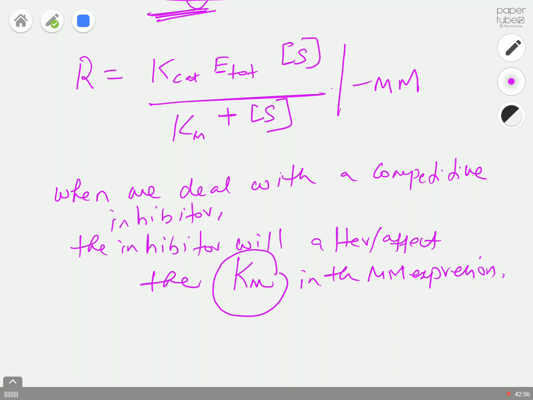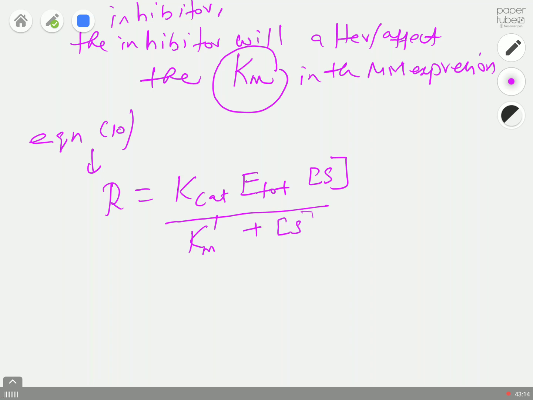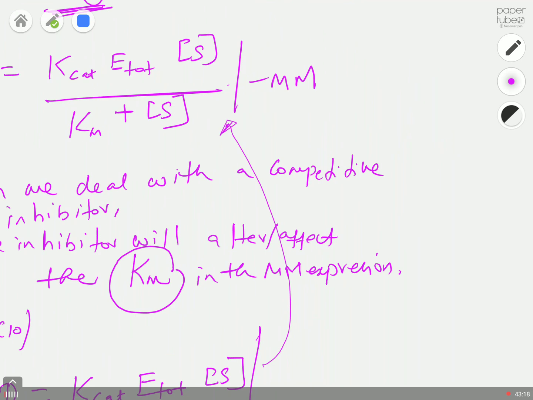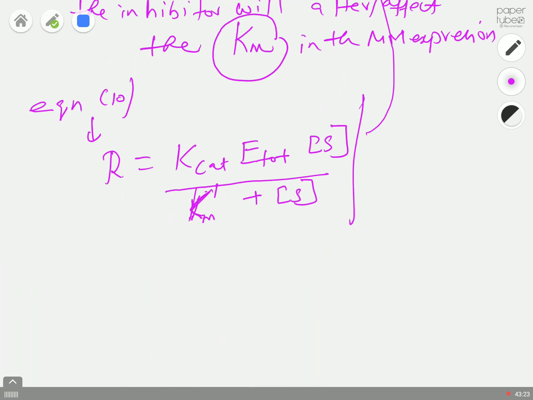So if you want, we can rewrite equation 10 something like below. R is equal to K catalyst multiplied by total concentration of enzyme multiplied by your substrate concentration divided by Km dash plus your substrate concentration. So this almost looks identical to your Michaelis-Menten expression. The only difference is the equilibrium constant Km involves an additional parameter.